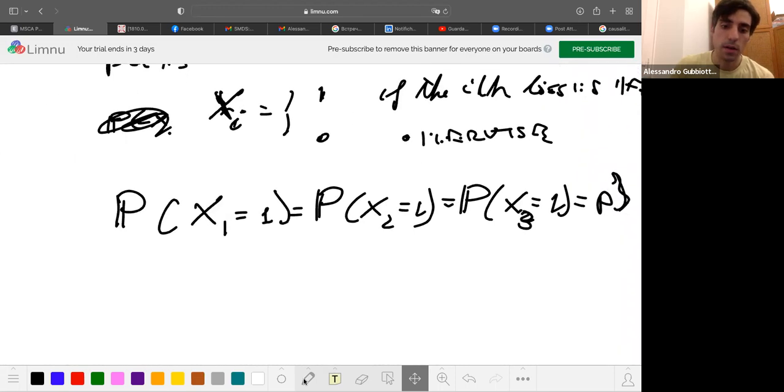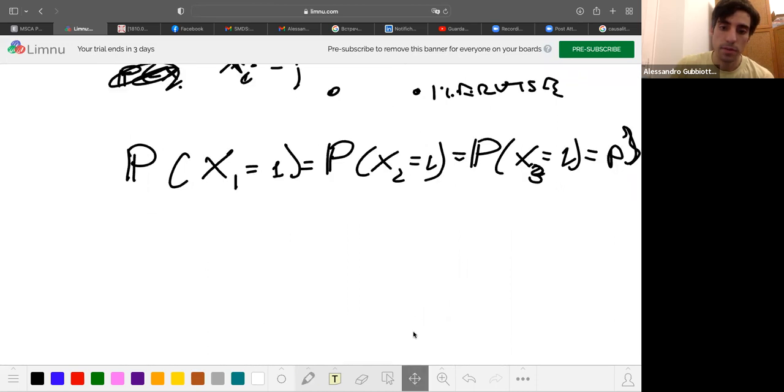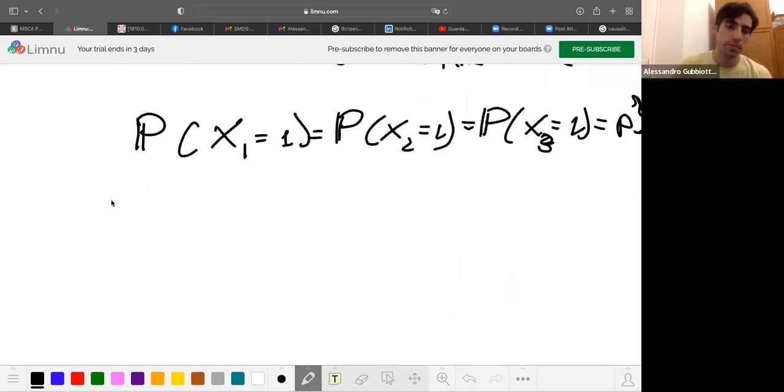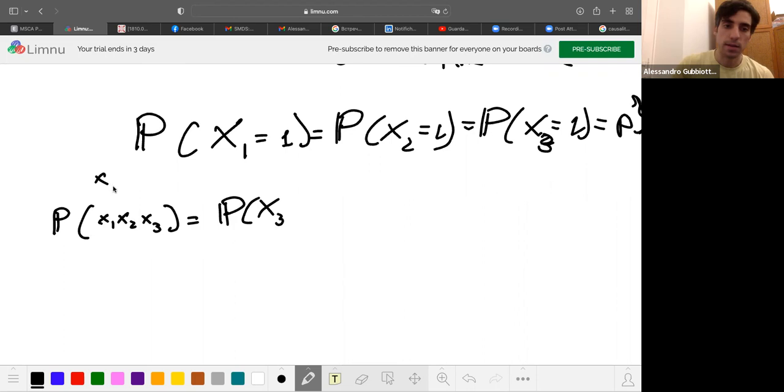Okay, well, we can do, for example, the same computation as above. For example, the probability of a given triple, a given result x1, x2, x3. This is equal to the probability that capital X3, recall that x1, x2, and x3 are just either 0 or 1.